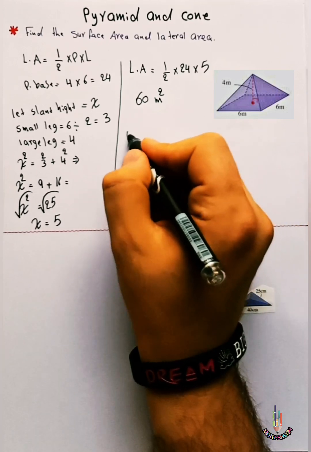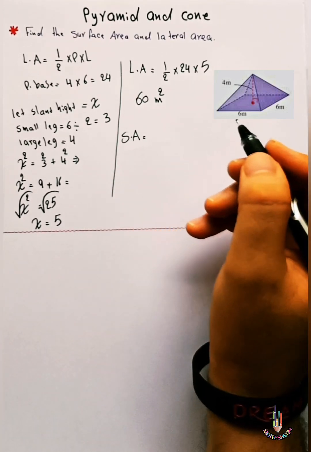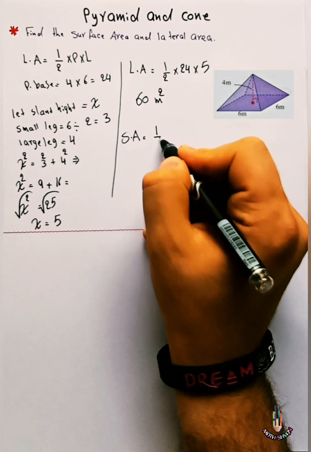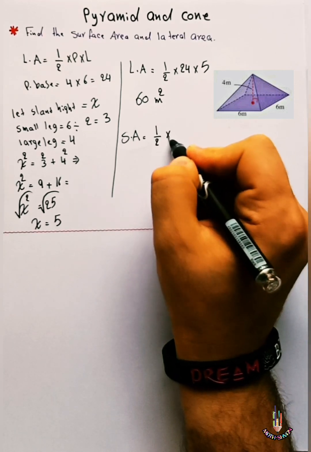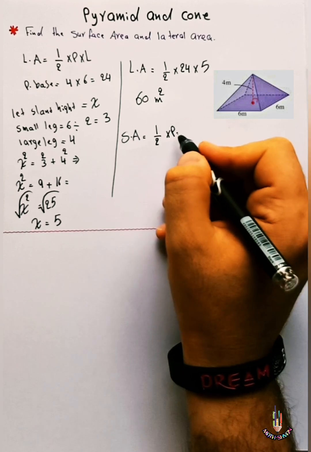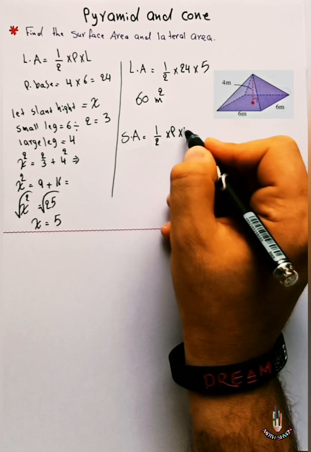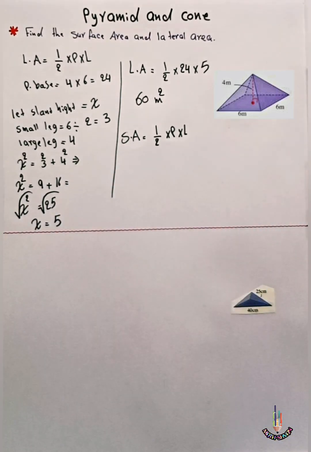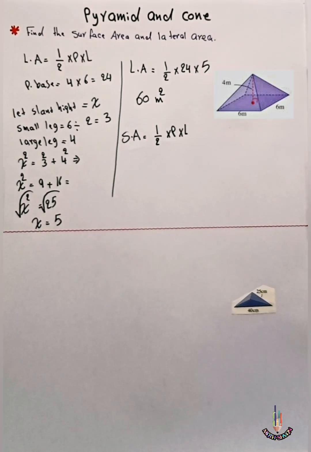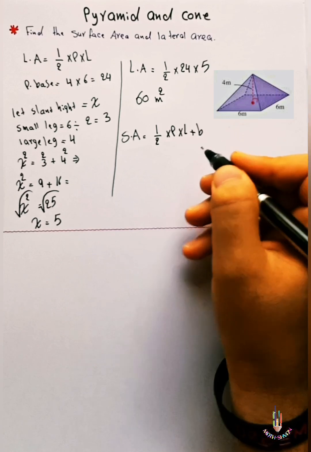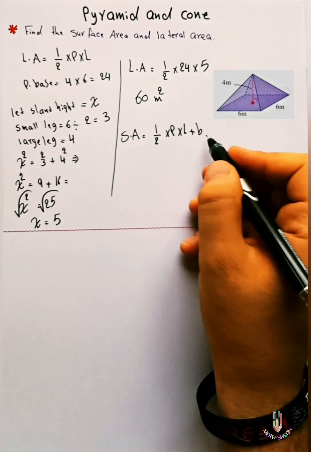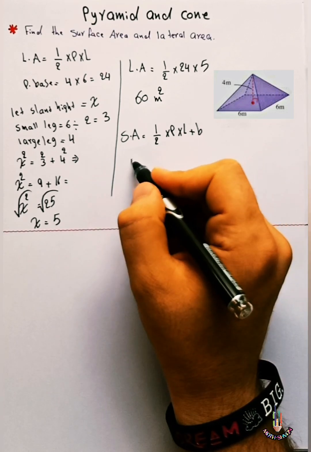After that, the surface area equals 1/2 multiplied by P multiplied by L, plus B. So we need to find the area of the base.